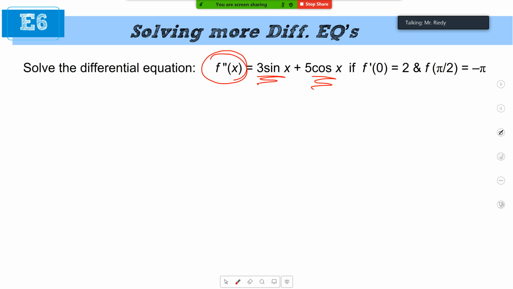Okay, so here we go. The antiderivative of f double prime is just f prime. The antiderivative of sine is negative cosine, so this becomes negative 3 cosine of x plus 5 sine of x plus c.